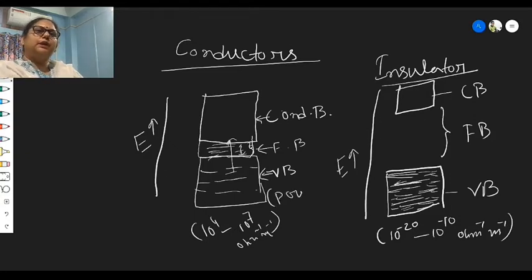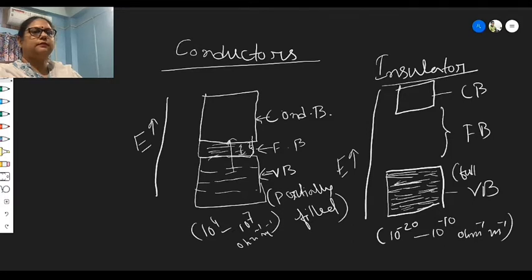The main important point is that in case of conductors, the valence band is partially filled, and in case of insulators, it is fully filled and the gap is large.